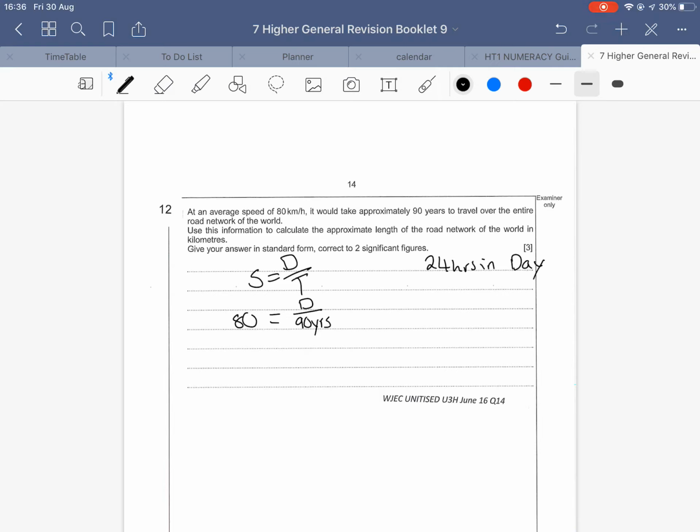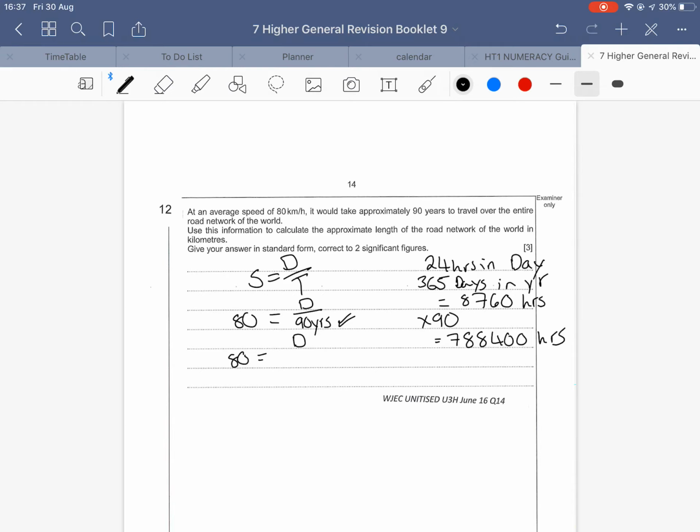So 24 hours in a day, that's 365 days in a year. Times those two, you get 8760 hours in a year. And because it's 90 years, I'm going to times that by 90 to get 788,400 hours.